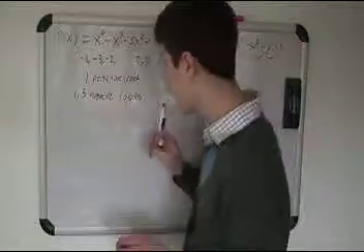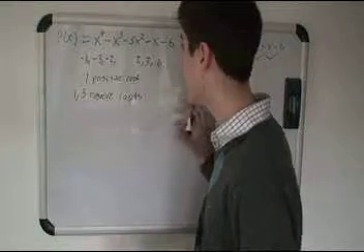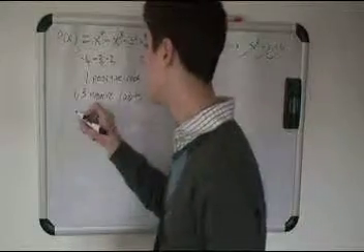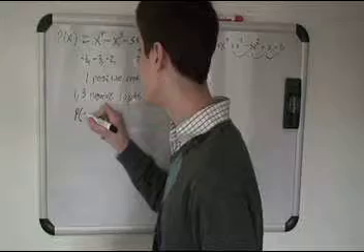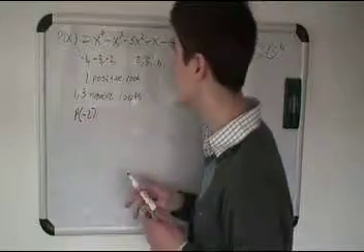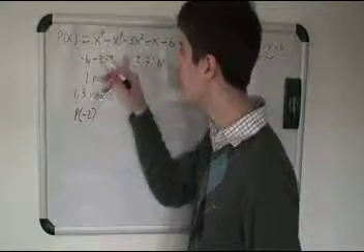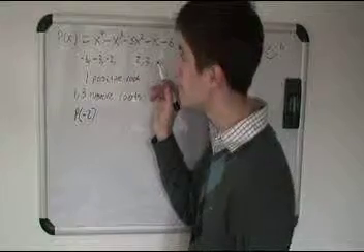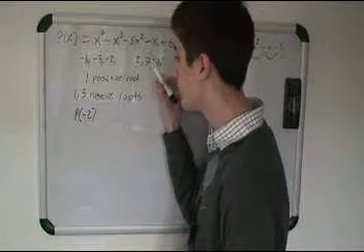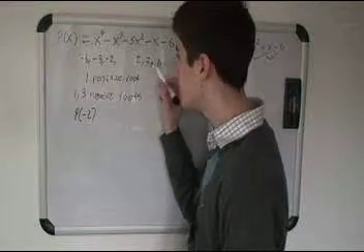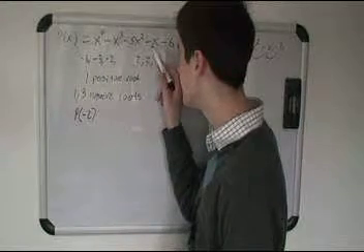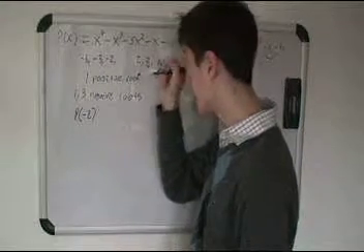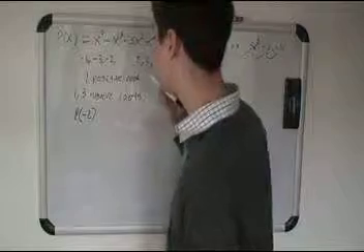So now, let's try another one. Let's try -2. P of -2. So we got 16 plus 8, which is 24, minus 10, which is -14. Oh, sorry, I did something wrong.